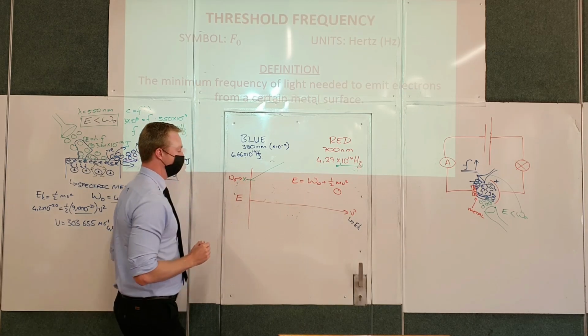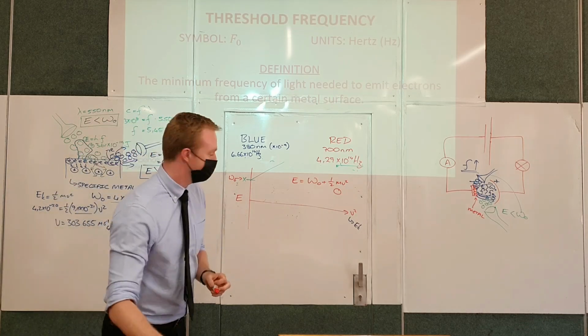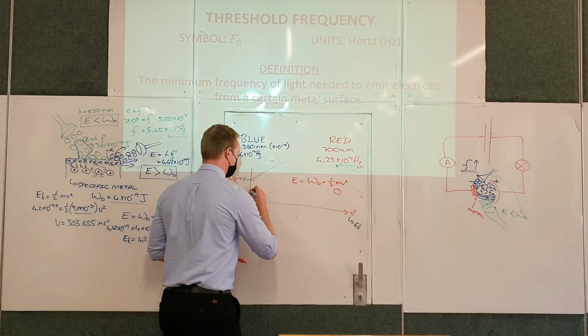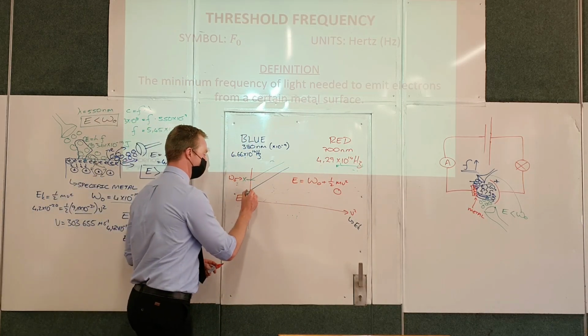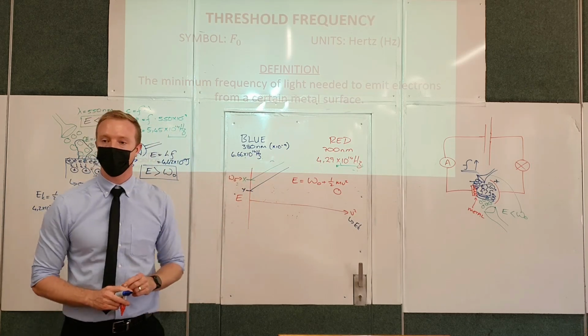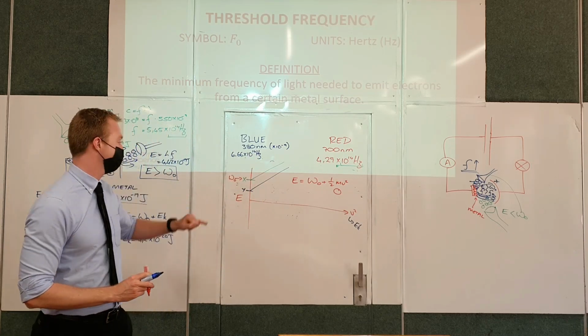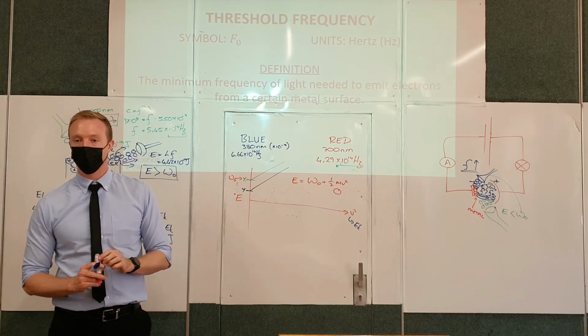So we read off the graph there, we can read the work function. And then a similar question can follow where we're given these two graphs and asked which one of these metals is going to eject electrons more easily, and you're going to say because this has a lower work function, electrons will be ejected more easily.